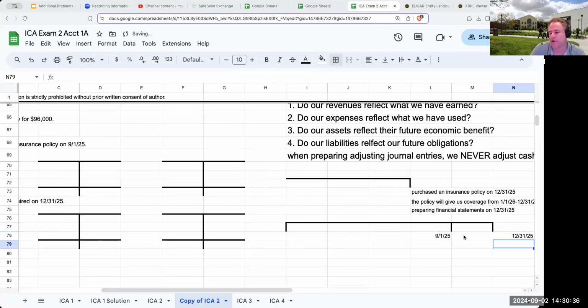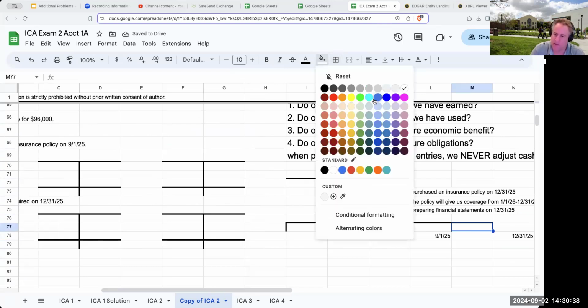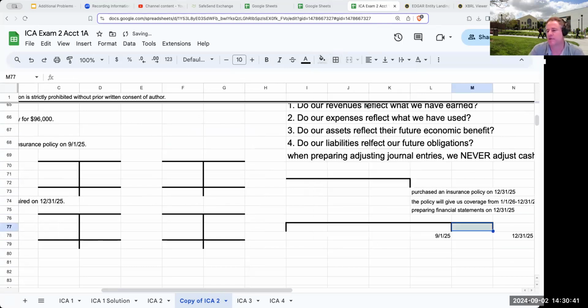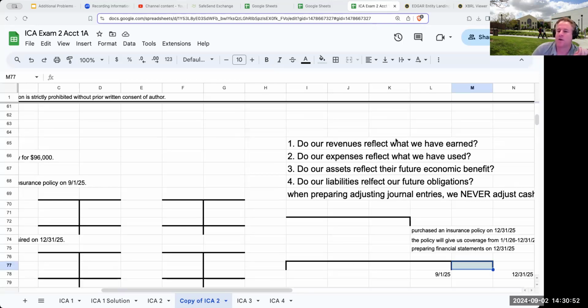And I now have an issue because I've used the insurance policy for a period of time. So because I've used something, I need to go through and record an expense.